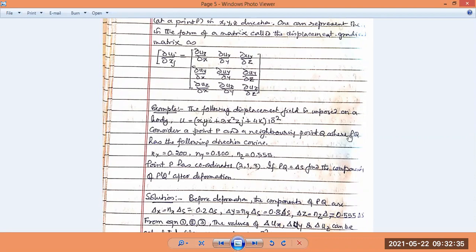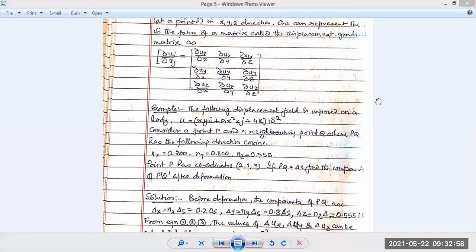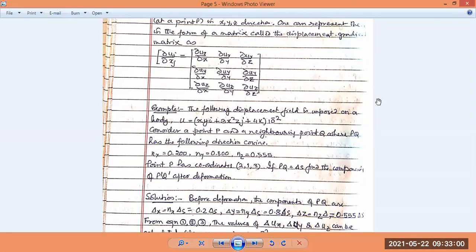Consider a point P and a neighboring point Q where PQ has the following direction cosines: nx equal to 0.2, ny equal to 0.8, nz equal to 0.555. P has the coordinates 2, 1, 3. If the distance from P to Q is delta S, find the components of P'Q' under the deformation.